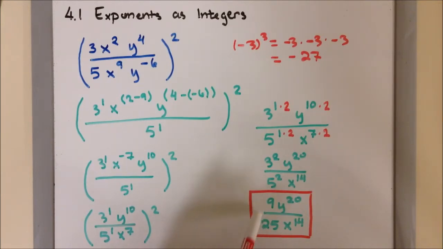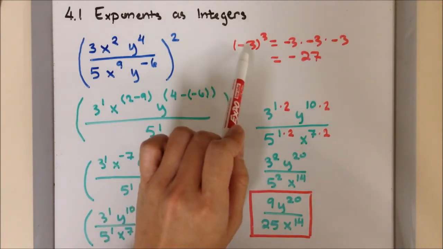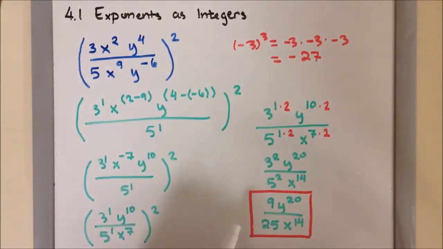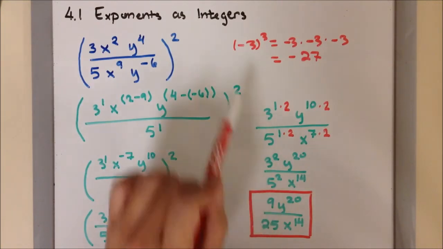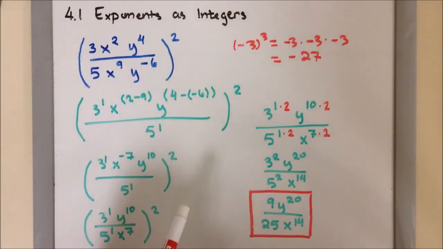So here we have positive, but in the event you do have a negative base with an odd exponent, there's a possibility where your final answer can be negative. So again, your final answer does not mean it's always positive, like positive 9 over 25. It could be a negative 9 over 25 if our bases had started off negative. Now, again, this is our final answer because there's nothing in common between 9 and 25. You can't simplify. So that's all you can do.